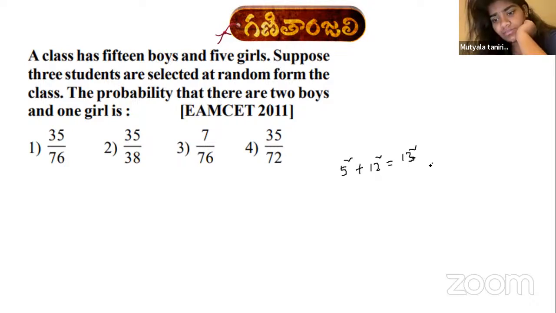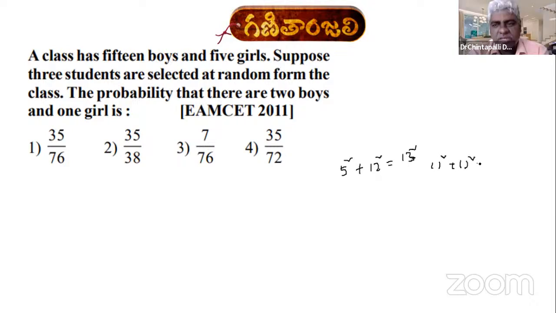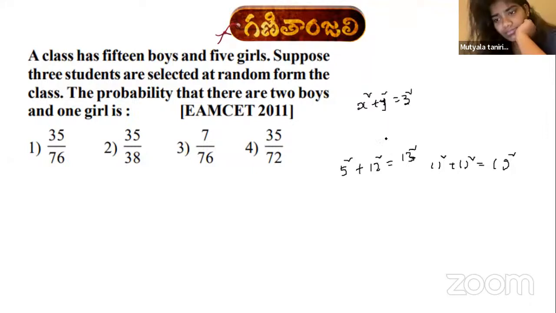That means something square plus something square can equal some other square. There are so many, infinite examples. That means x square plus y square is equal to z square. Infinite examples are there. But Fermat posed a question: what if this power is more than 2?